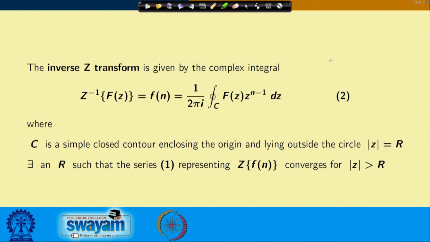Here the factor is z to the power n minus 1, and c is a simple closed contour enclosing the origin and lying outside the circle modulus of z equals r.